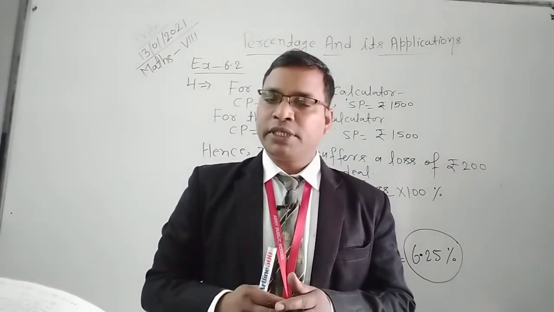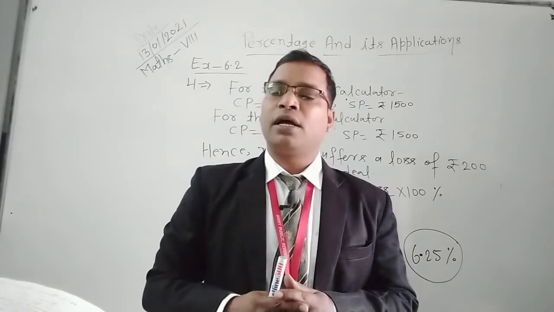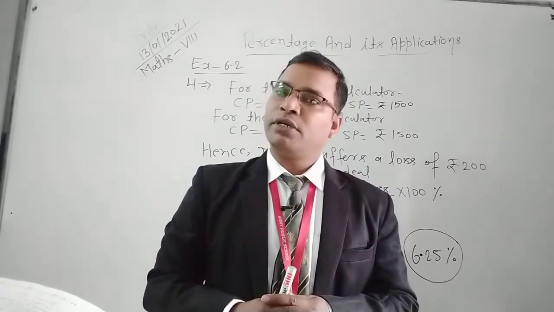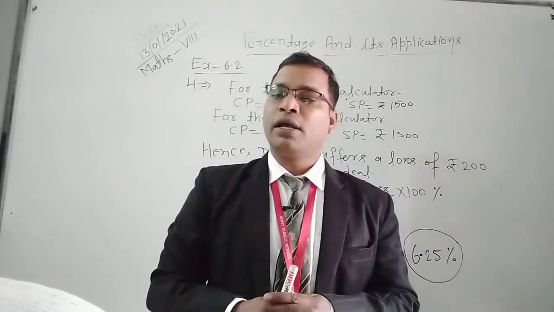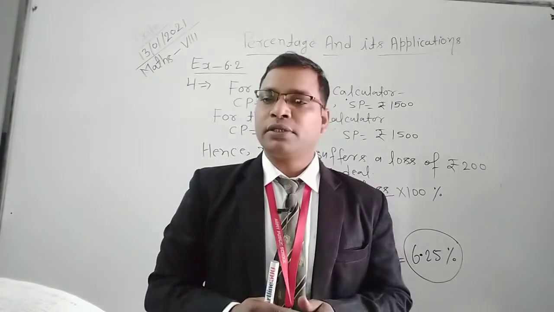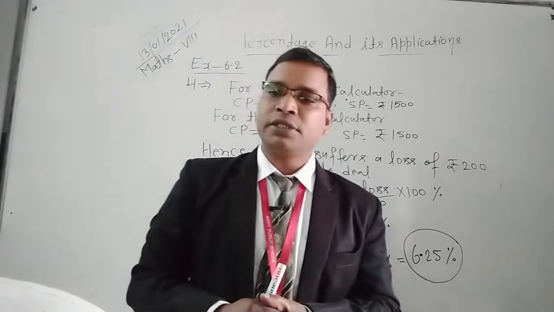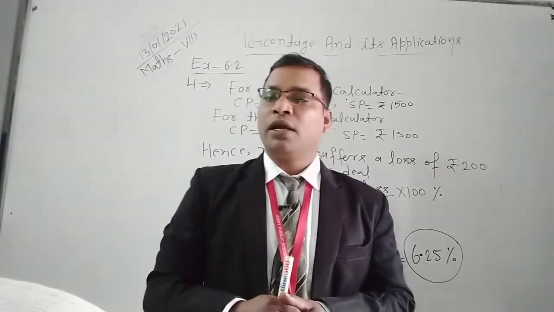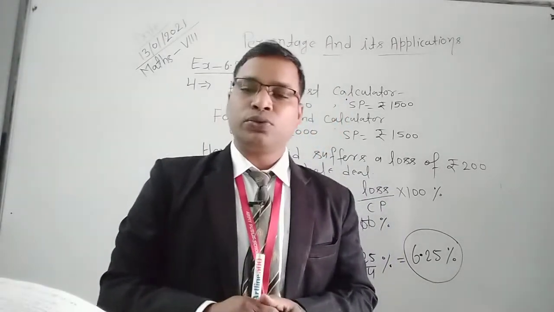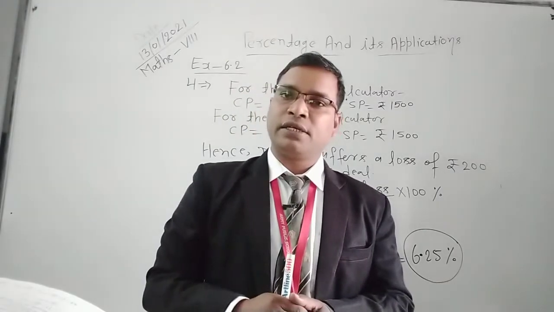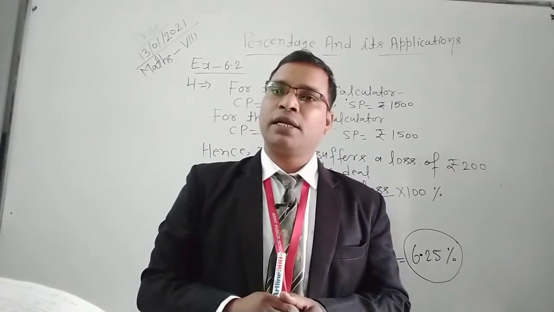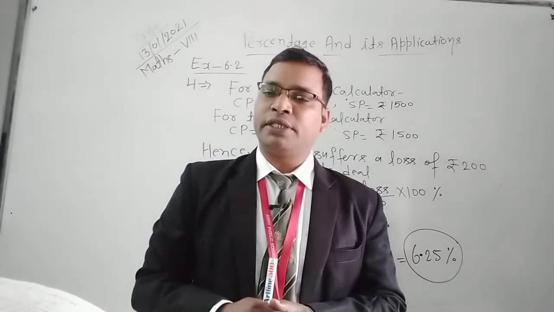I am selling a bag for 704 rupees. It means that selling price of the bag is 704 rupees. Okay. A shopkeeper suffers a loss of 12%. So here given loss percentage is 12%. And at what price should he sell it to gain 7.5%?